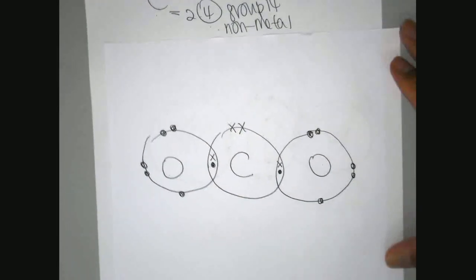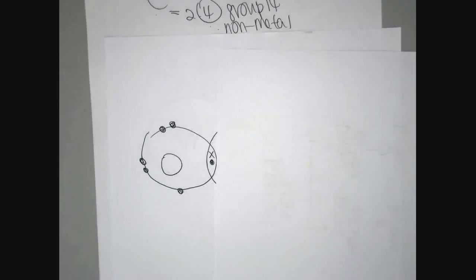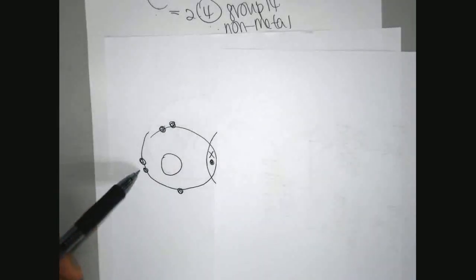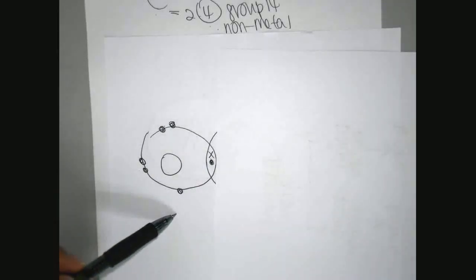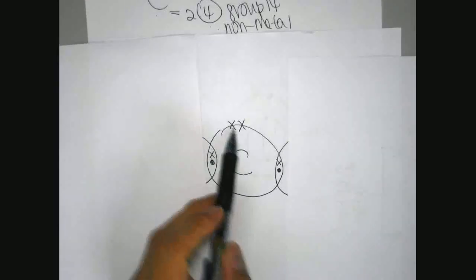Now how to know this diagram is correct or not? We must double check, we must ask ourselves, after they share 1 electron, are they stable? So we look at the oxygen. Oxygen currently has 2, 4, 6 and 7. You have 7, which is not yet stable. To be stable, you need 8. Now we look at our carbon. Carbon in the middle has 2, 4, 6.